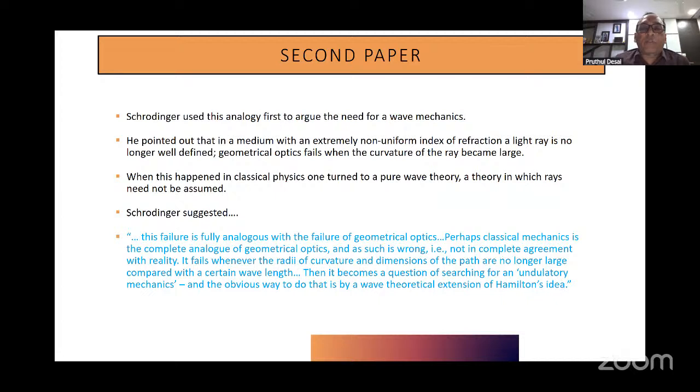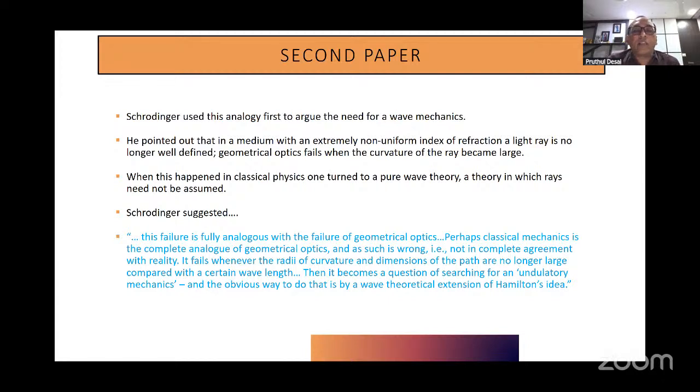Now, when a similar thing happens in classical mechanics, we turn to pure wave theory, a theory in which rays need not be assumed. So he says that under certain conditions, the wave reduces to that of a particle or a path of a particle. So Schrödinger suggested this failure is fully analogous with the failure of geometrical optics.